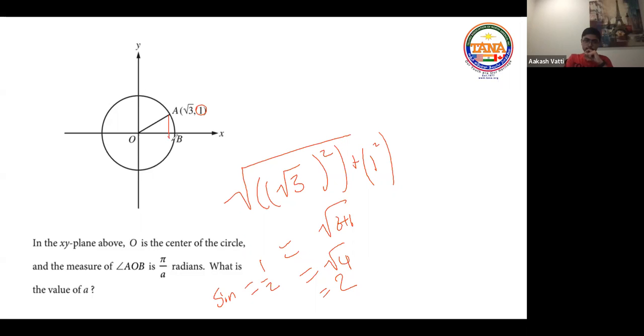Remember, the 1 goes right here, and we just found out with the distance formula that this is 2. And therefore the angle AOB has to be 30 degrees.